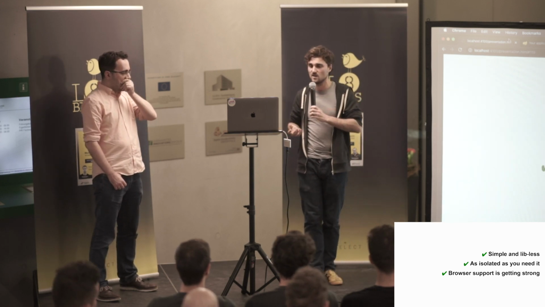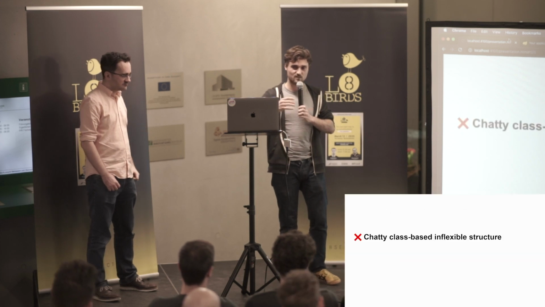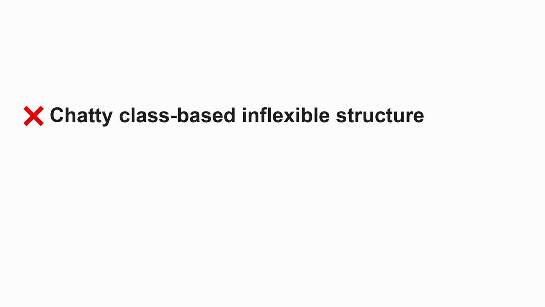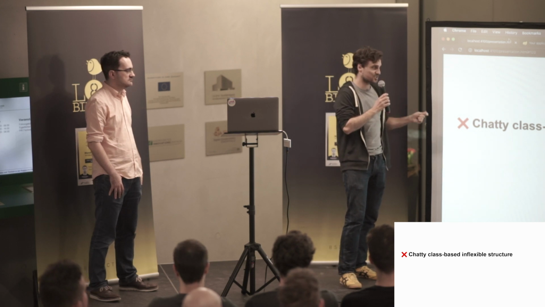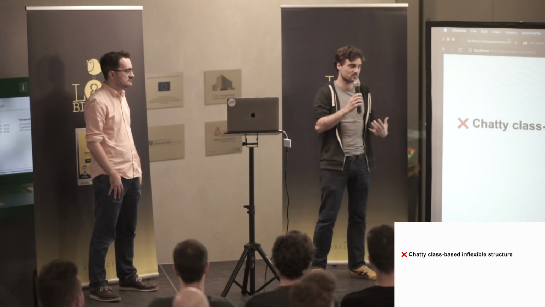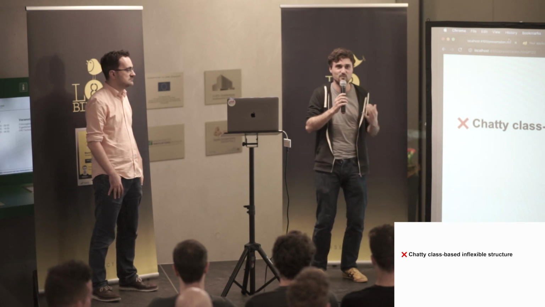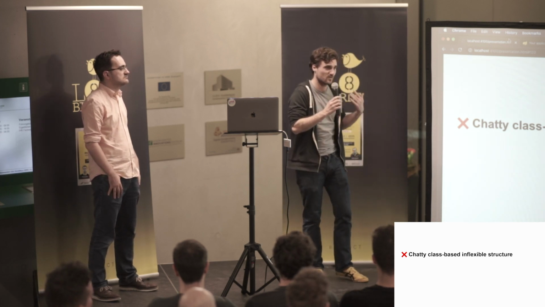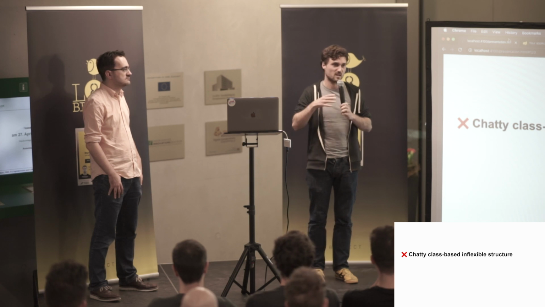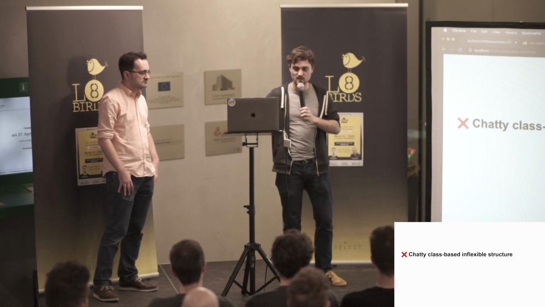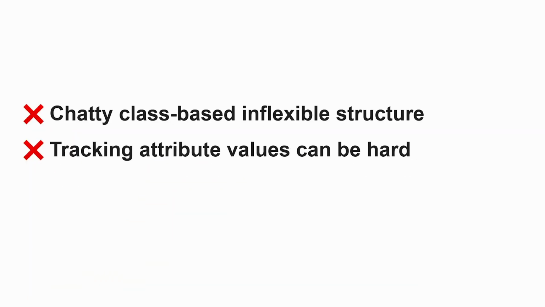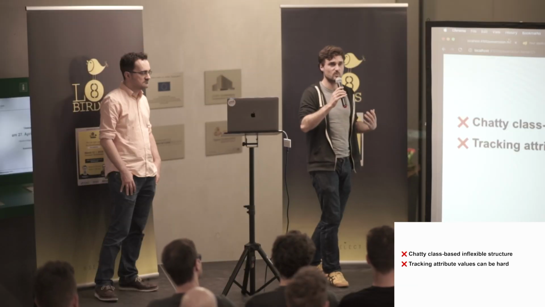But if you looked at this little code example and you used, for instance, React 16 syntax, then it's pretty chatty and it's very class-based and it feels inflexible compared to what you are used to if you have worked in a more functional style. And it has one downside, which is that tracking attributes can be really hard.